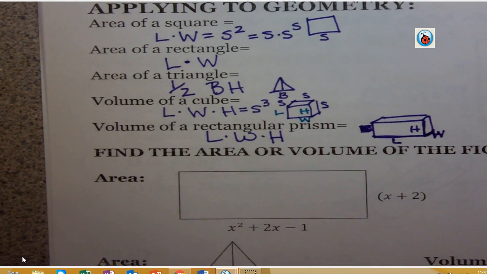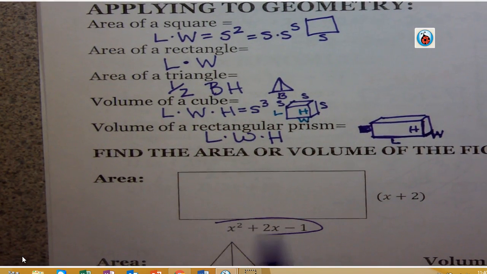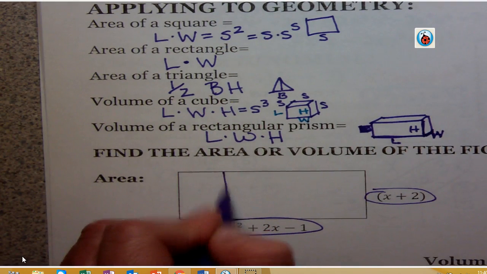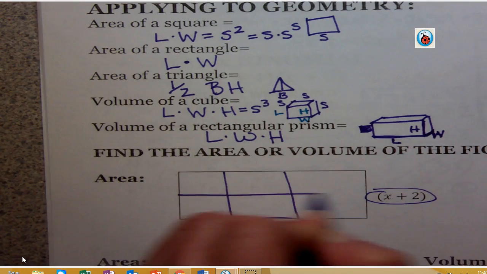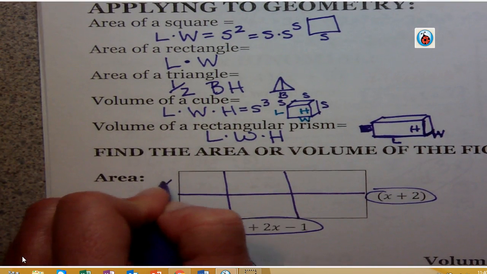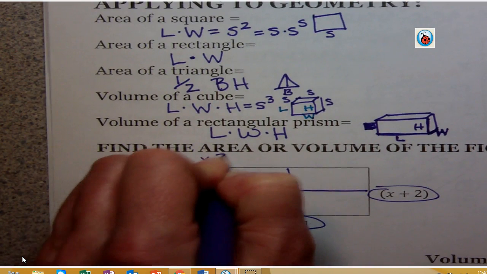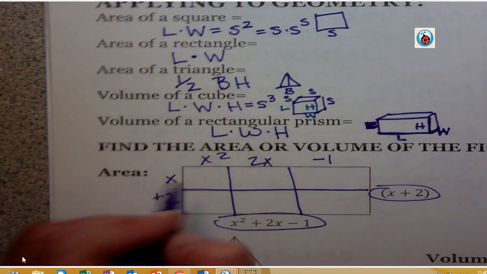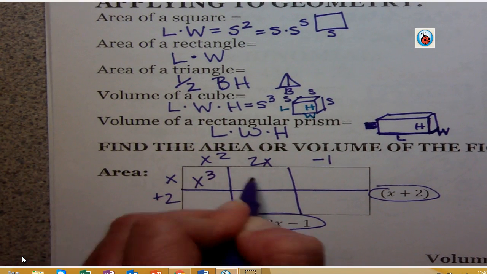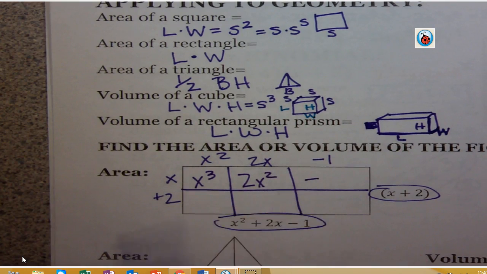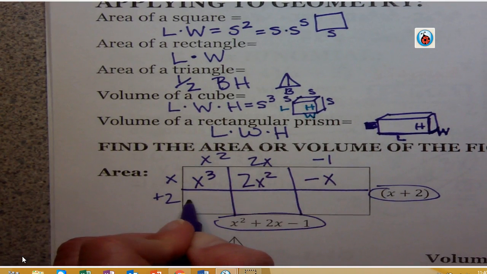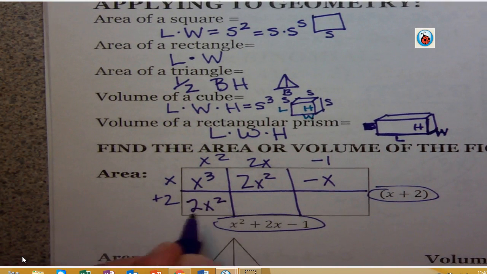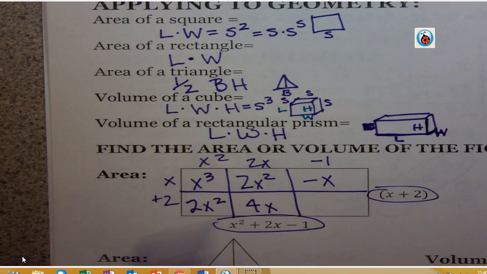So to find the area of a figure like this, you've got a trinomial times a binomial. To do that, you're going to do your x plus 2, your x squared, your 2x, and your minus 1. And when you multiply them, you get x cubed, 2x squared minus x, 2x squared, 4x, and negative 2.